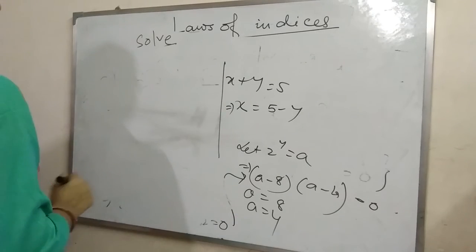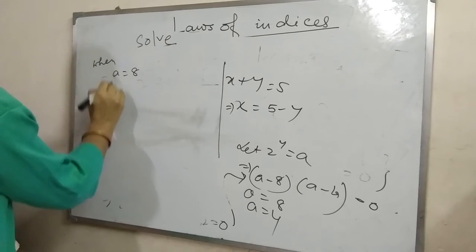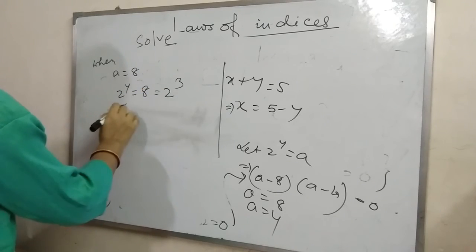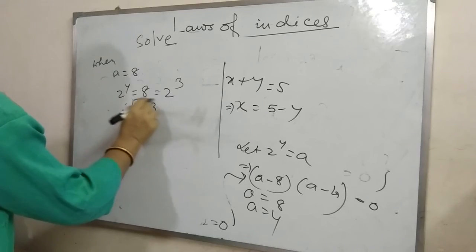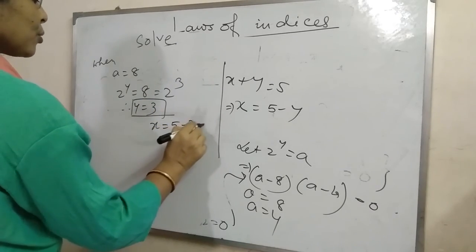When a equal to 8, then 2 to the power y equal to 8 equal to 2 to the power 3, that is y equal to 3, and x equal to 5 minus 3 equal to 2.